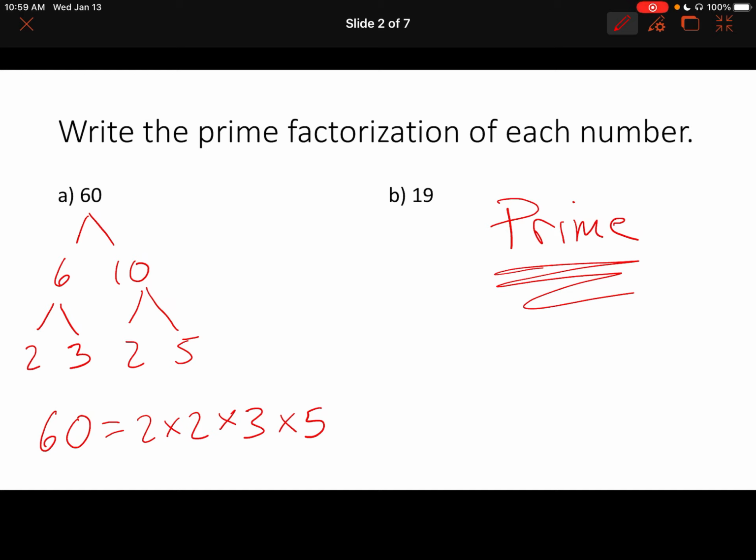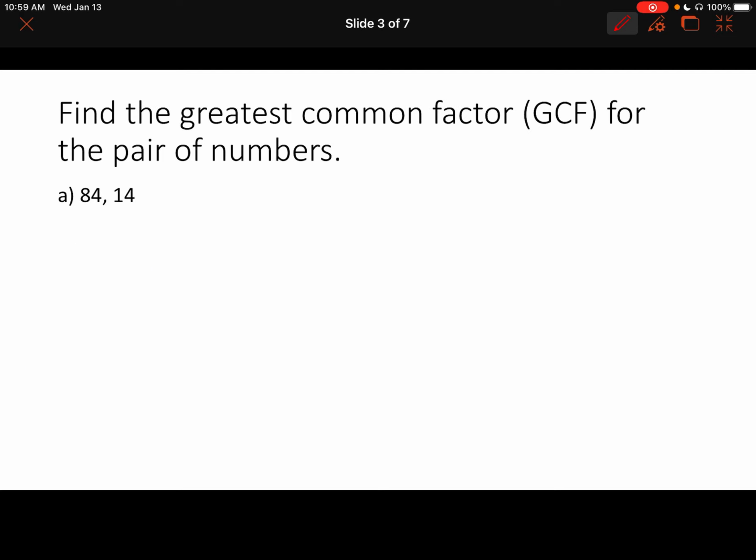Now that we've gone over prime factorization, let's look at finding the greatest common factor for a pair of numbers. Here we're given the pair of numbers 84 and 14. So we're going to start with 84. My approach is always, it's even, so one of the factors is 2.